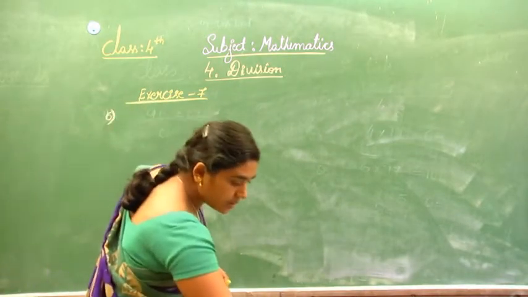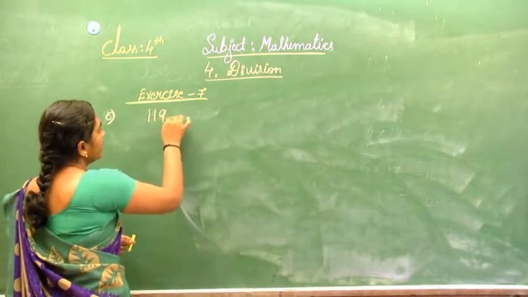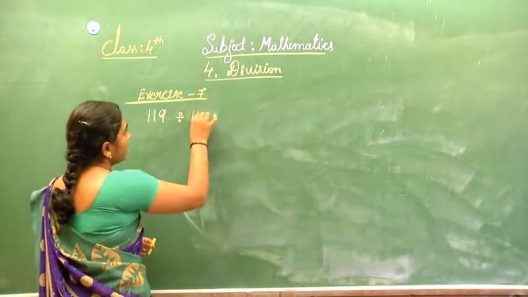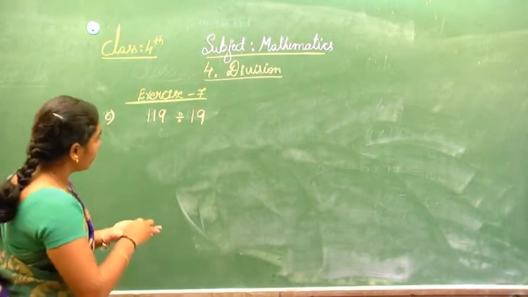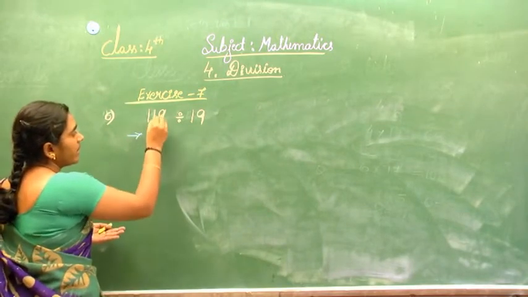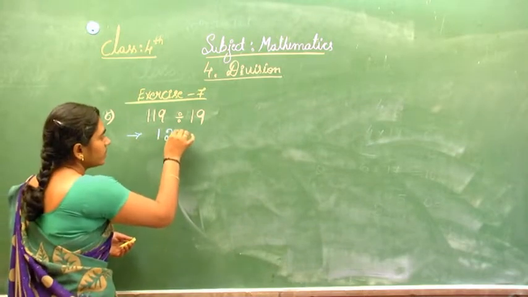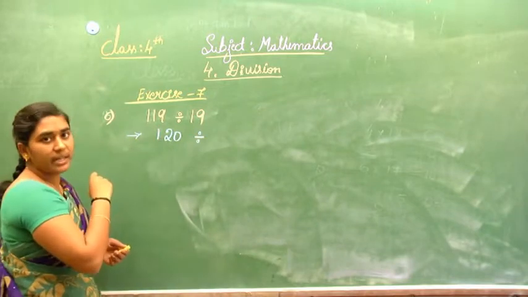Third one, which is 119 divided by 19. 119 by 19. Round it off. 119 is nearer to 120, or else you can take the nearest 100.